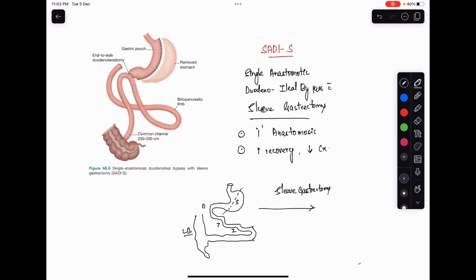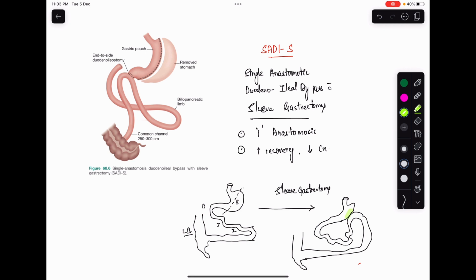So it may look like this. We are having only gastroileostomy.